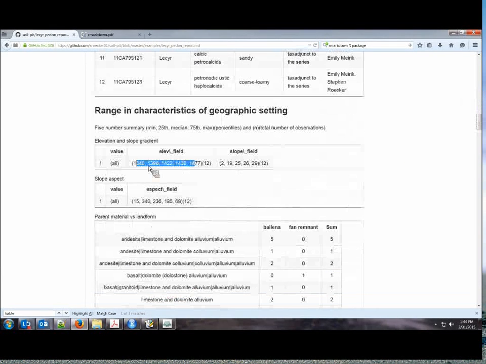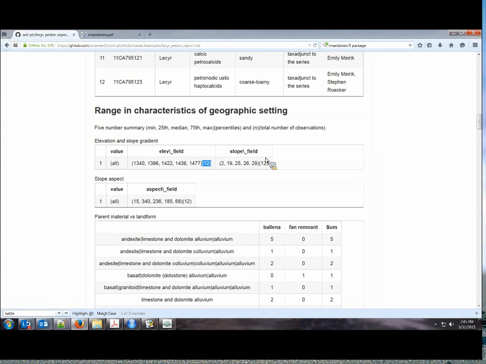We get to see what was the range in those pedons' elevations as they were observed in the field. Here's a 5-number summary, which I preferred. It has the minimum, the 25th, the median, the 75th, and the max, in addition to the total number of pedons here. So this was a total of 11 pedons.